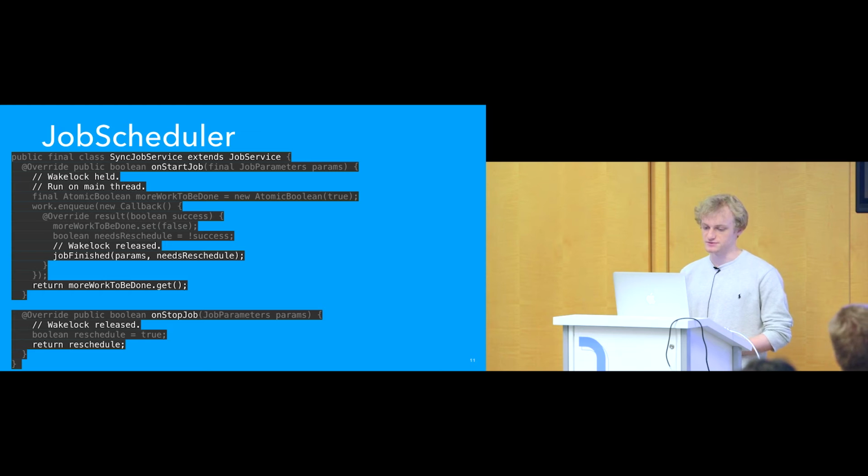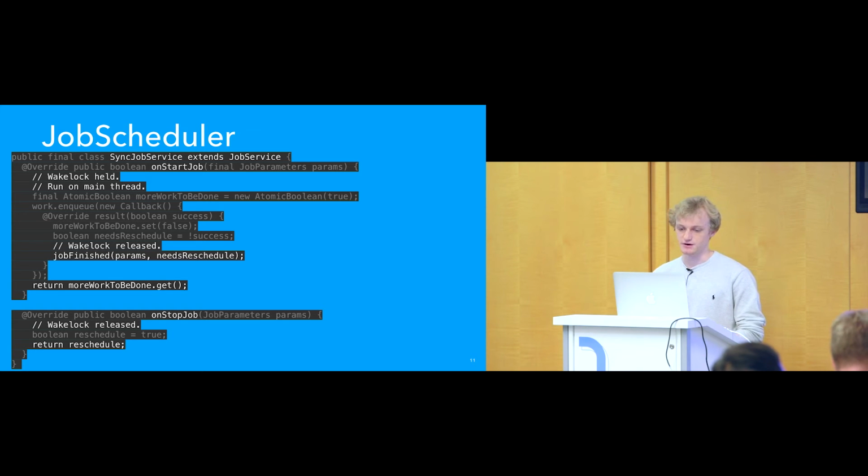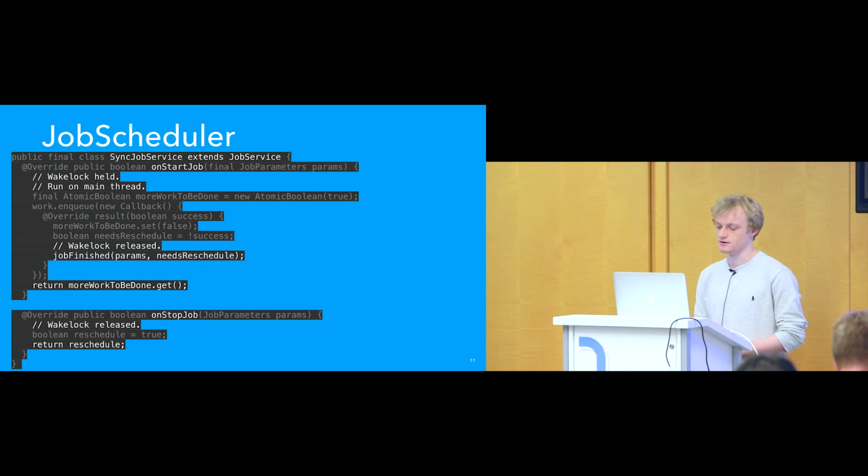Then we need to return whether there's more work to be done. Almost certainly you're returning true here, but there are cases where maybe somewhere else in your app you had already loaded something into memory, or something else had already done your syncing for you, and you return false and let Android know that you're done. You're not starting up another thread to continue your work.